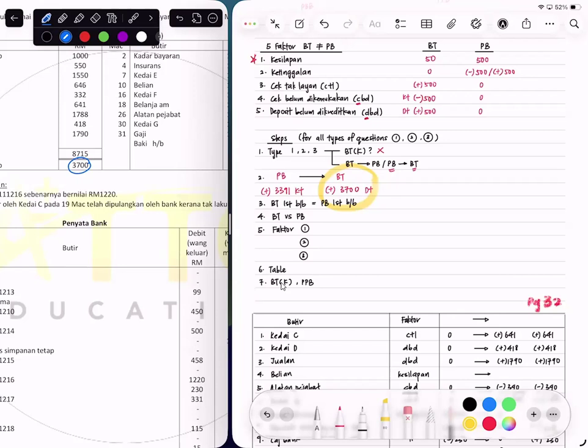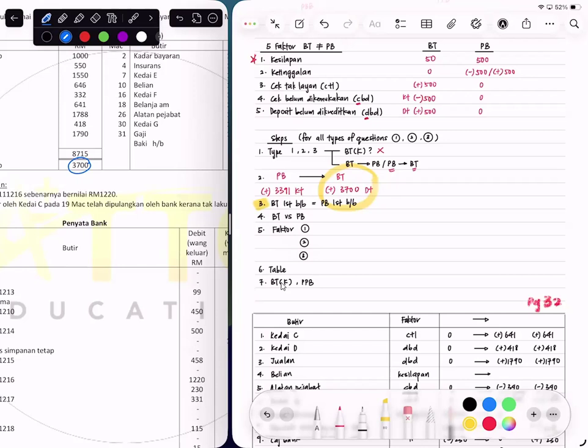Okay? But don't straight away start to compare your buku tunai and penyata bank to see whether all the transactions are exactly the same. You need to do one more checking step first. This step number 3 is to make sure your buku tunai and penyata bank first day baki BB should be the same. Because you need to make sure what you're comparing in this month is whatever happened in this month only.